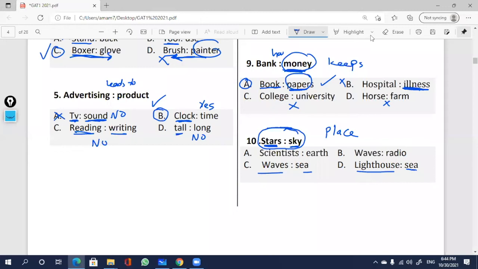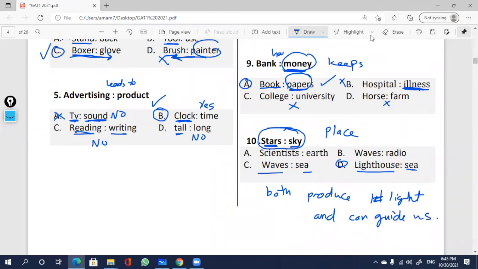They produce light and can guide us, right? Yes. So which one is the best answer now? D. It's D. So because both of them produce light and can guide us.